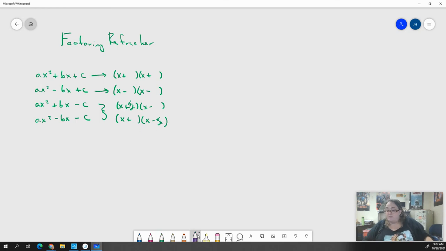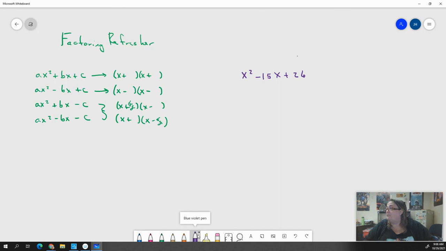Just to refresh your brain on what we're talking about, say we had x squared minus 15x plus 26. I think we actually did this one as an example. In this case, our a value is 1, right? We're starting with just an x squared.